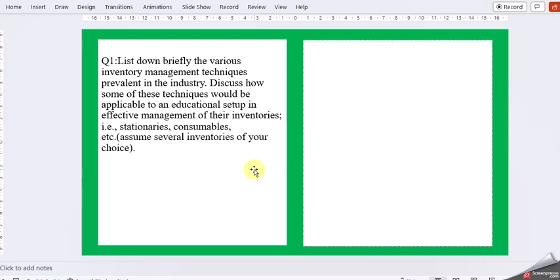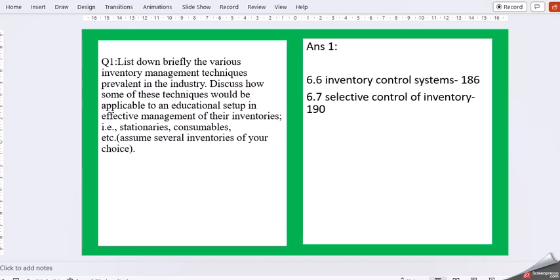So you can pick any kind of inventory available in the education setup. We can find brief information about the inventories, and here I would like to mention that we have to answer this question in close to 1,000 words. So try to keep your answer somewhere between 800 to 1,000. That is good for you to score.